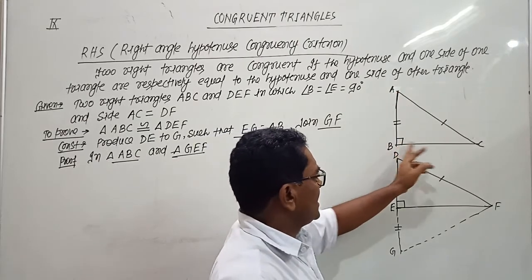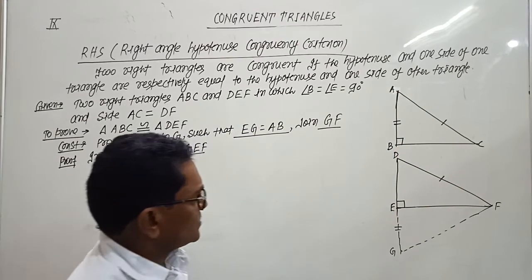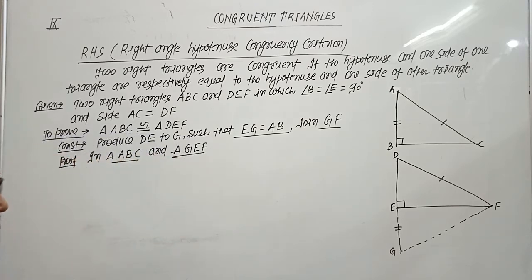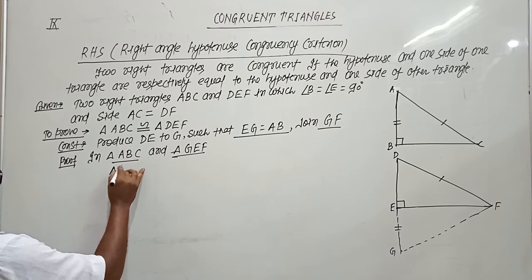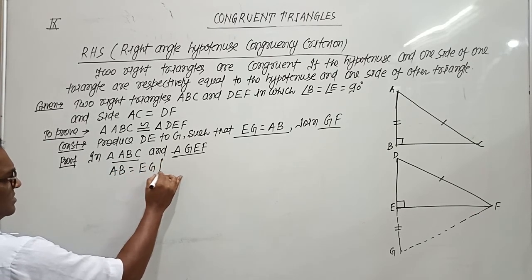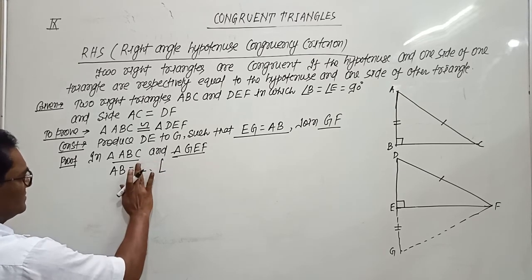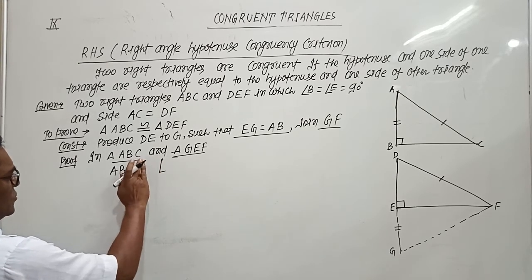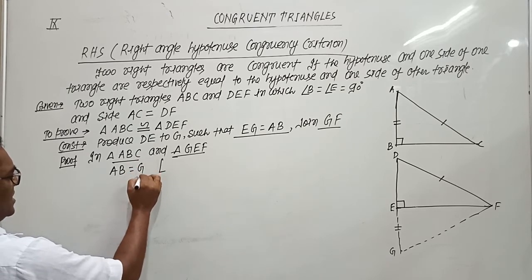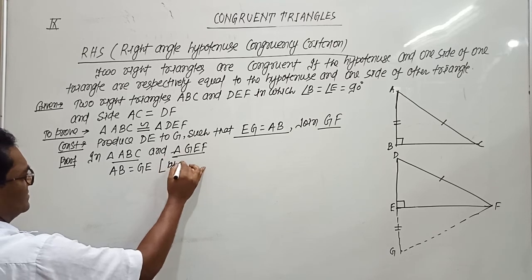By construction, AB equals GE, taking the corresponding sides.